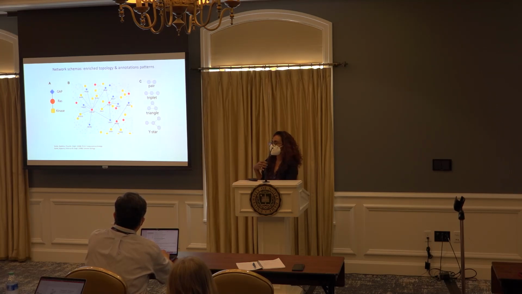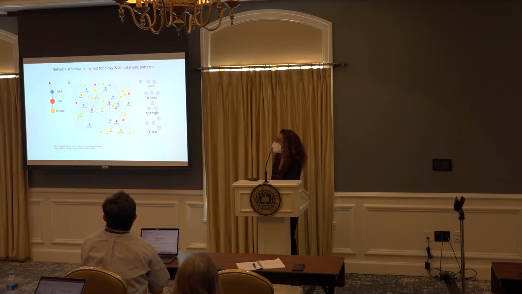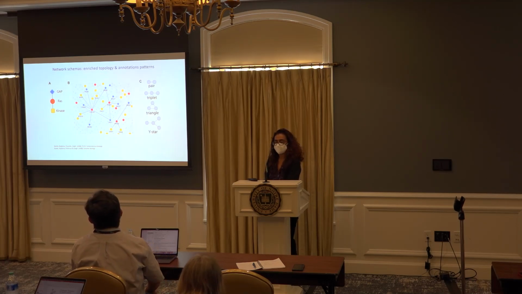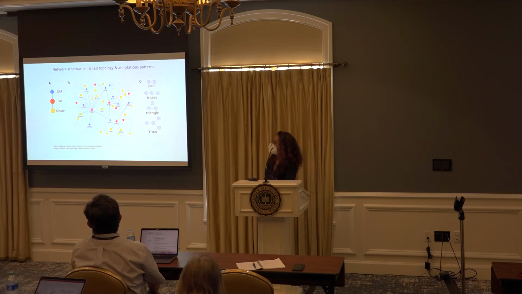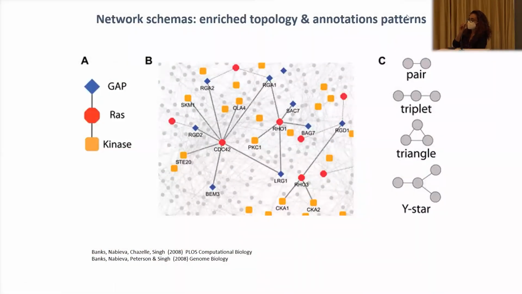There are also these recurring patterns, and we heard about network motifs in the morning, that are purely topological units. But you can also have an extension of that where you have a topology and an annotation on a node. This is something we've called network schemas in the past, but they're a natural extension of network topologies. On the left here is a schema.